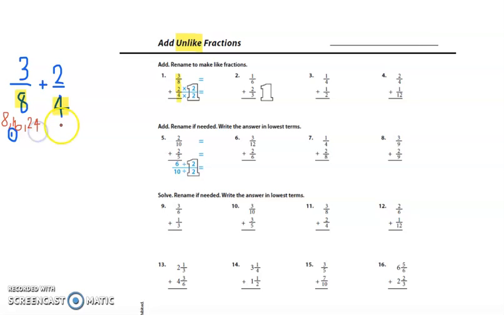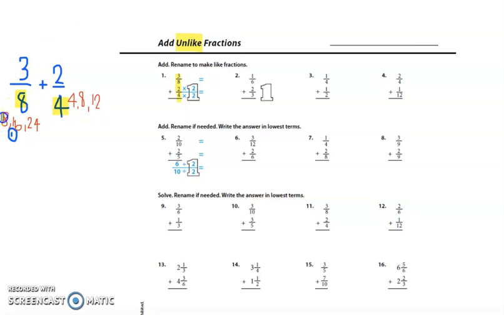What about 4? What are the multiples for 4? 4 times 1 is 4. 4 times 2 is 8. 4 times 3 is 12. And I'm going to stop there. Then let's look at their multiples and find the one number that they have in common.